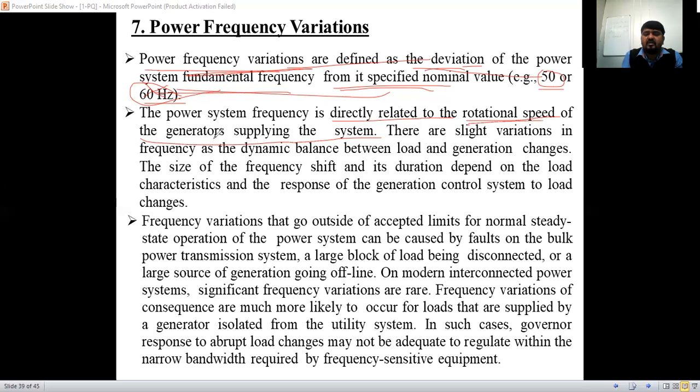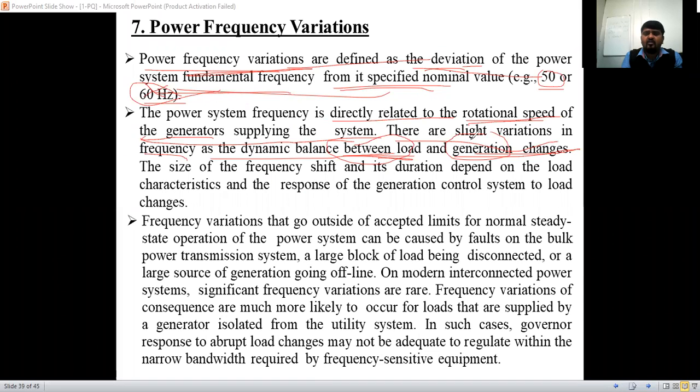If there is a slight variation in the frequency, then we can think the generator speed varies. There is a slight variation in the frequency as the dynamic balance between load and generation changes. If the generation changes or the load changes, then obviously the frequency will vary.